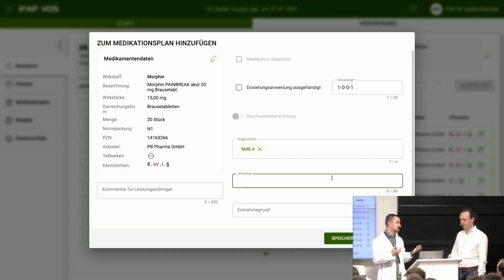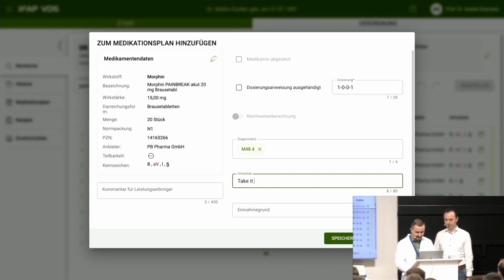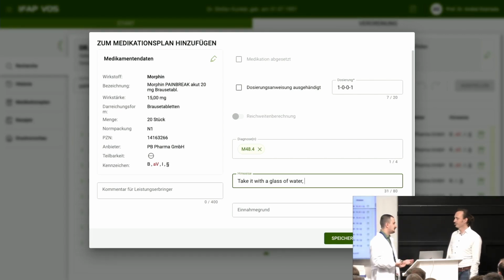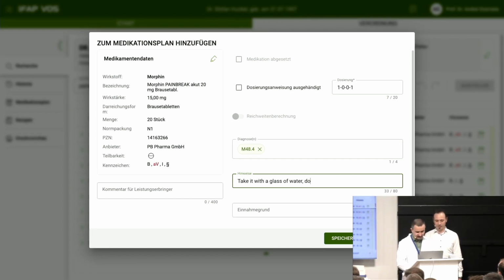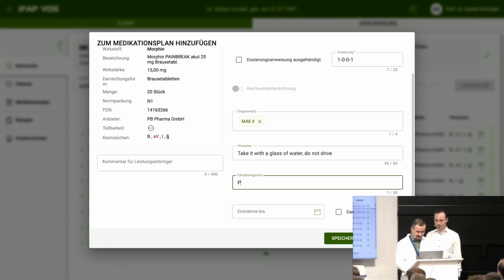Well, what goes good with morphine? Well, a glass of water, right? So all the medication that you need to take would be good to take with a glass of water. And of course, you shouldn't really be driving. So let's say, do not drive. Right, and the treatment reason, let's say, pain management.